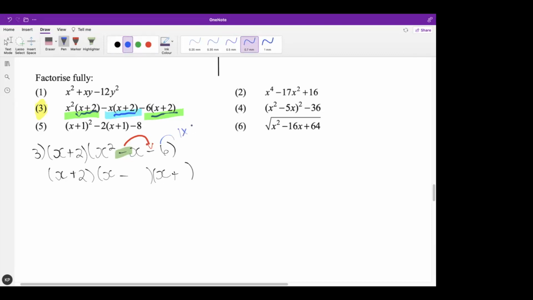Now let's go through my factors of 6. I have 1 times 6 and 2 times 3. I want a factor that's going to give me negative x. If there's nothing in front of my x, what is there? A 1. So we want factors that are going to give us negative 1, not just 1.